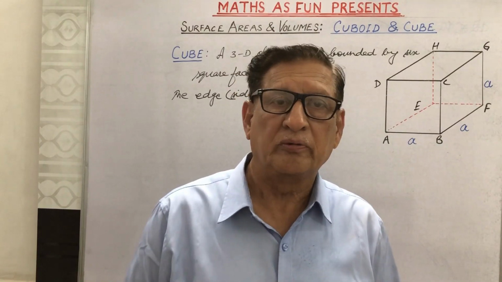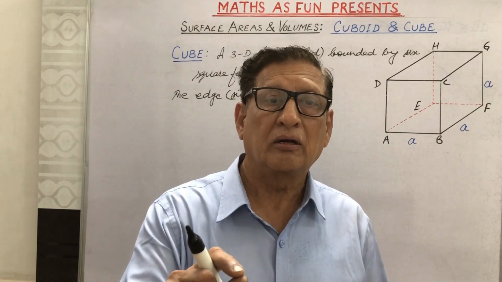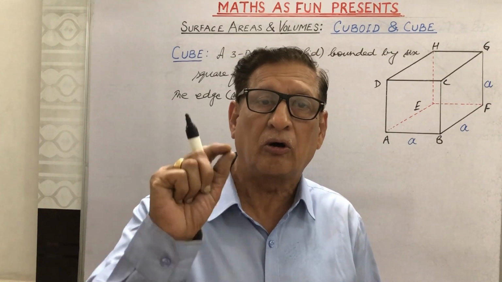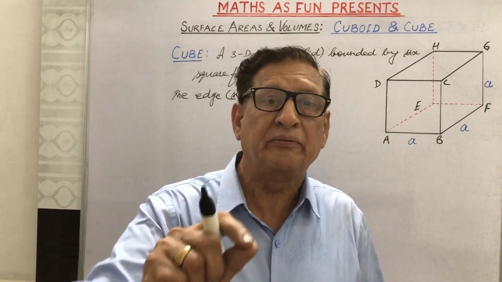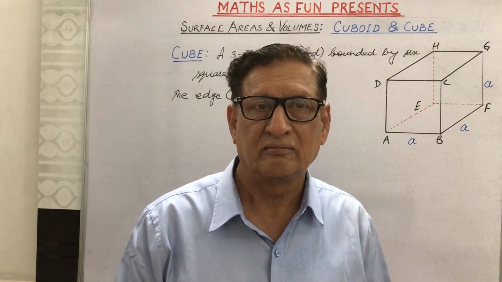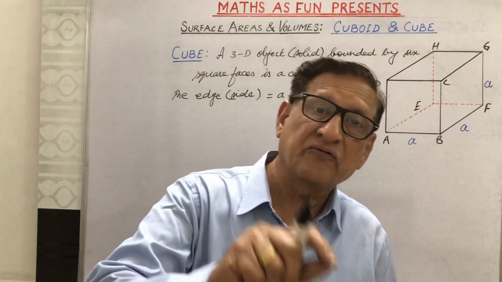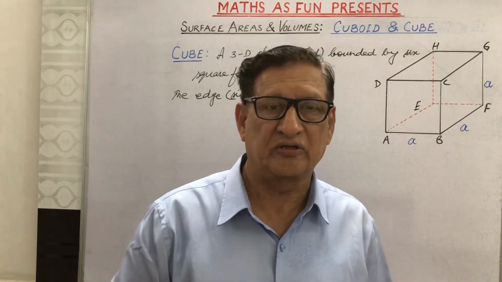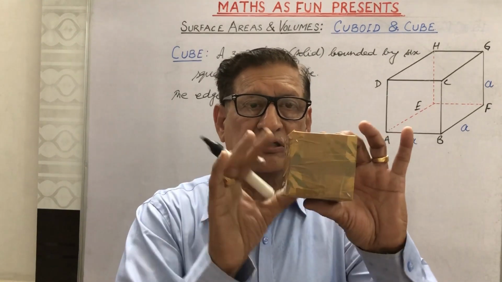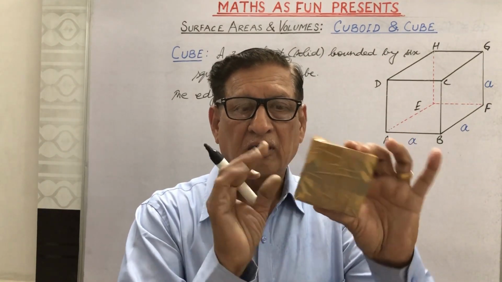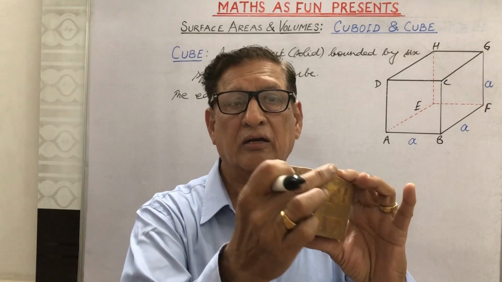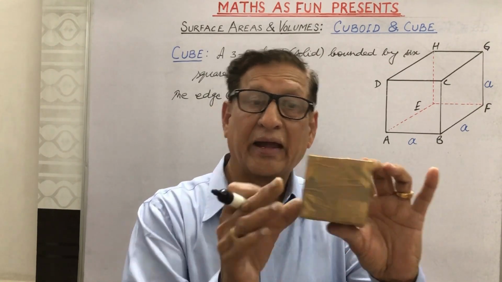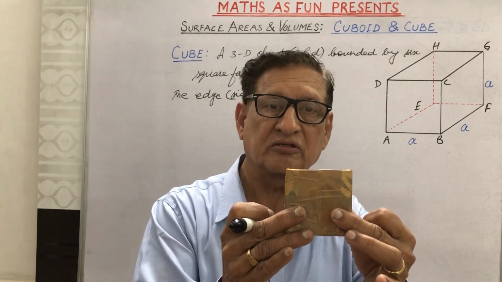Now coming to the cube. Actually a cuboid is a cube only if all the sides, all the dimensions are equal. It means all the faces are square faces. You can see here, this is a cube. All the faces are square faces and there are 6 square faces.